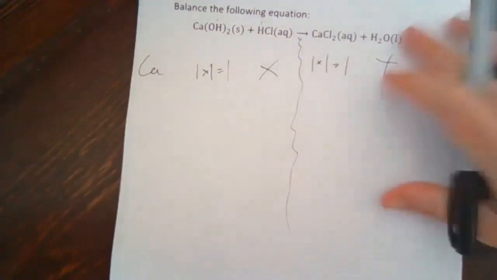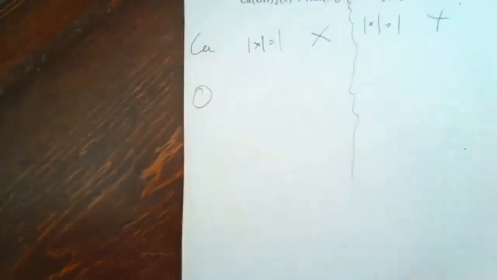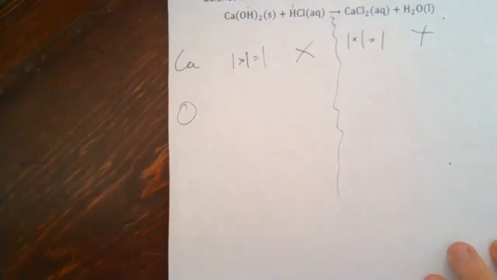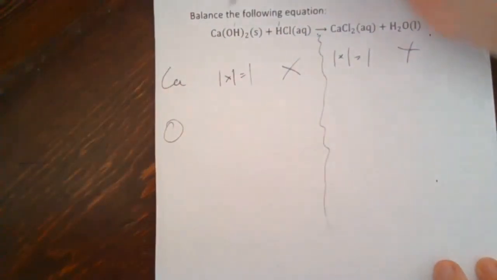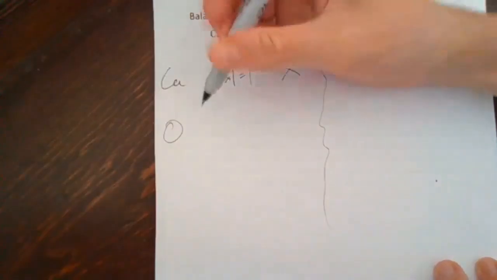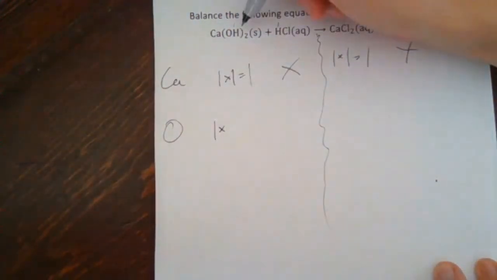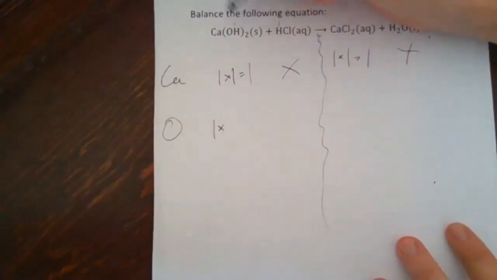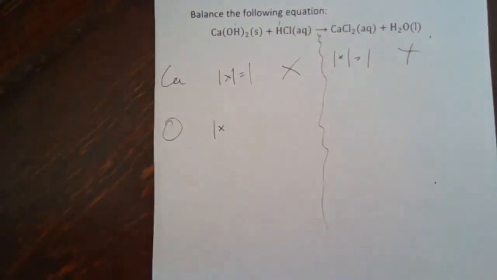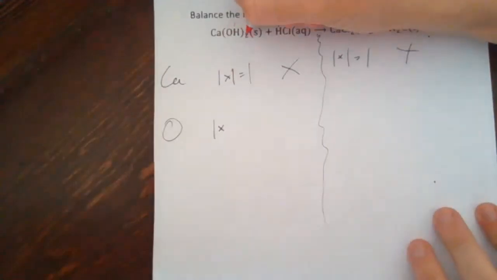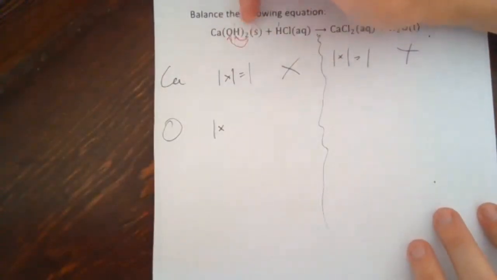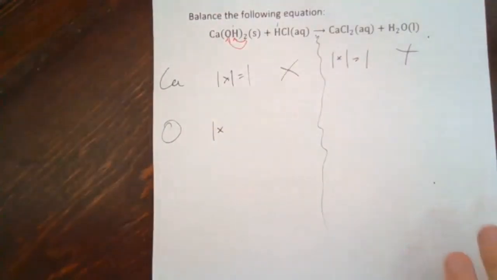We'll go next and step into oxygen, so I'll go ahead and do O. If I look at the O now, I'm going to start here again, and there's still a 1 out front of this, so the coefficient is 1. Now the question is, how many oxygen atoms are in each formula? We can see there's this 2 in the parentheses, and if we remember, that 2 applies to the H and to the O, because really there are 2 hydroxides.